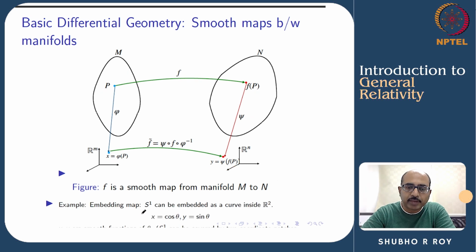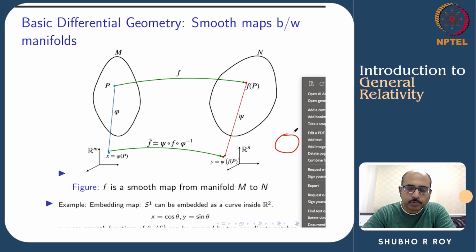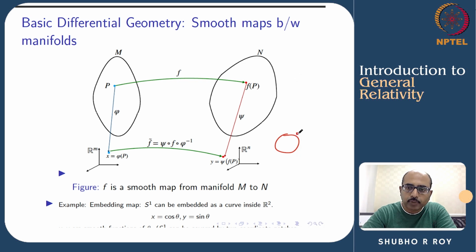Now, this is the embedding map. The unit circle can be embedded as a curve inside R2, right? One can think of the unit circle, S1, as a one-dimensional curve inside R2. Then points in R2 are given by coordinates x, y.